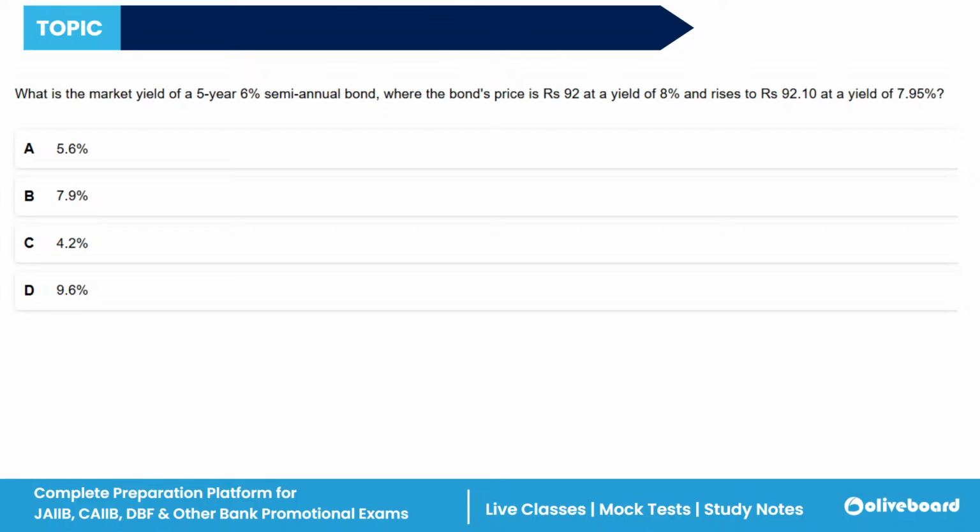To find the market yield here, we see the coupon rate is given, that is 6% annually, so semi-annually means 3%.